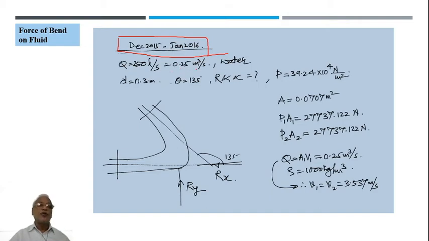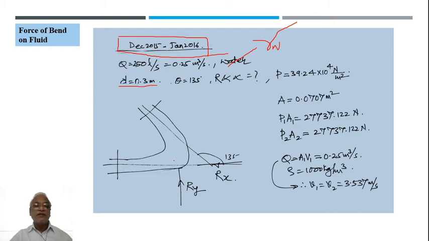I have converted it to 0.25 meter cube per second. It is said that it is water, because of that gamma W can be used. That's why they give this, so you should be careful. The diameter of the pipe is 0.3. They have not mentioned whether it is changing or not, so obviously everywhere the diameter remains the same.